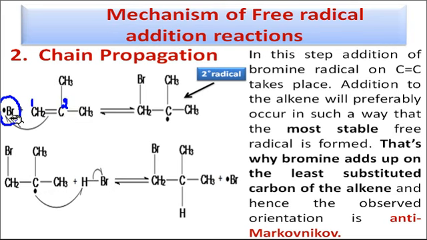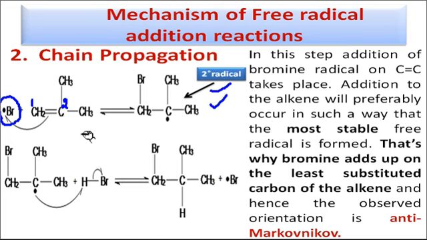If this bromine radical attacks the C1 carbon atom, it forms a single bond between this carbon atom and the bromine, so the single electron lies with the C2 carbon atom. So there is the formation of a secondary free radical.